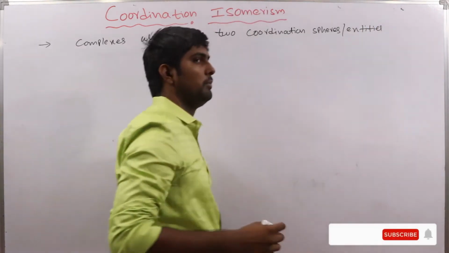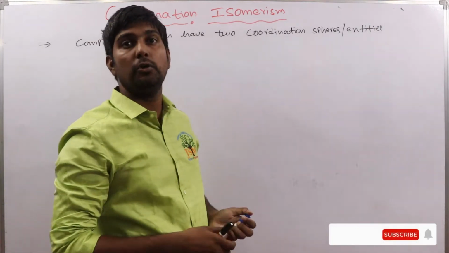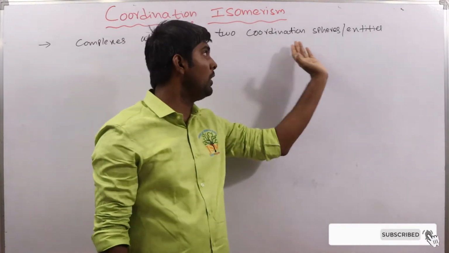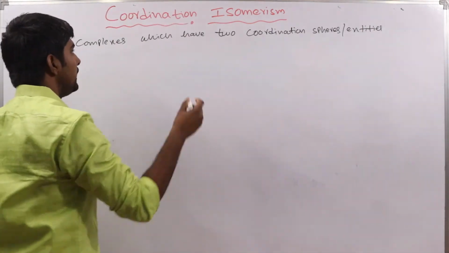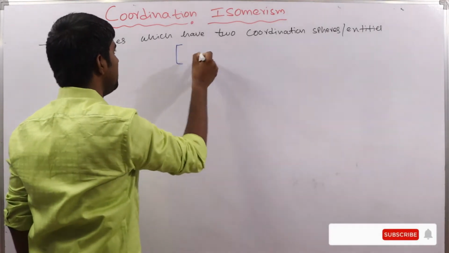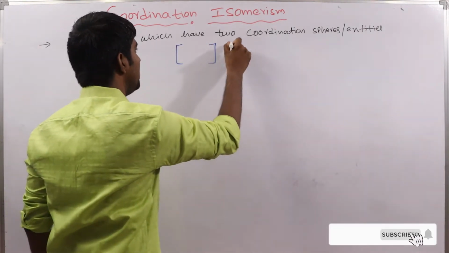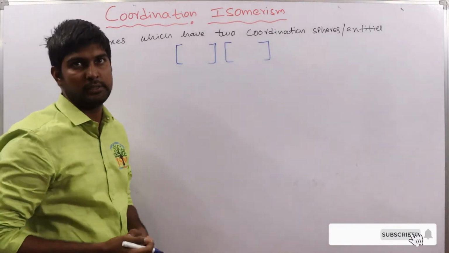Whatever the word we use, no problem. This is exhibited by the complexes or coordination compounds which have two coordination spheres or two coordination entities. This type of complexes we have already discussed in the IUPAC nomenclature of coordination compounds and in the calculation of oxidation number also in the previous lectures, right?